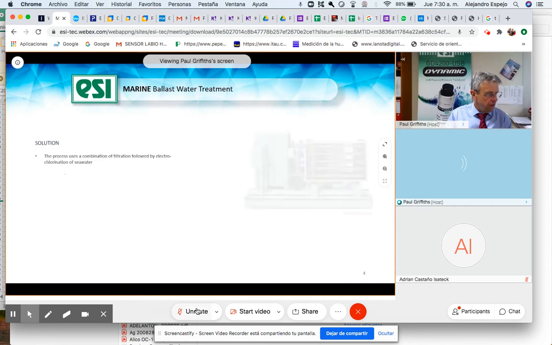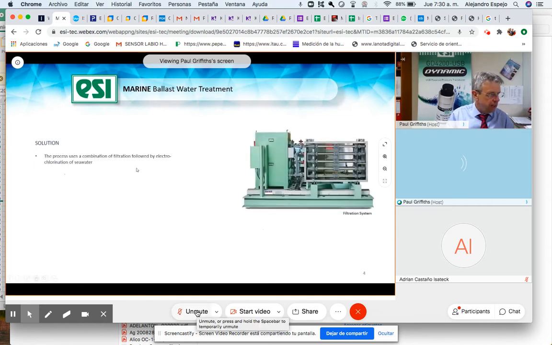The process of cleaning the water is usually filtration followed by electrochlorination of the seawater. The process generates a byproduct, sodium hypochlorite, in this electrochlorination process.